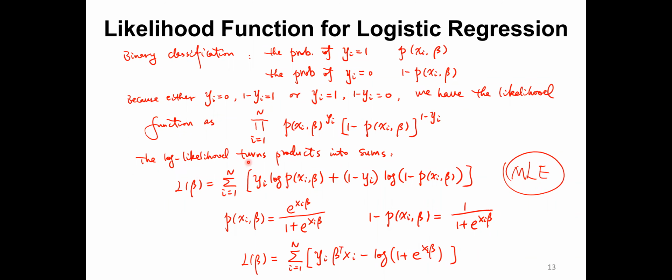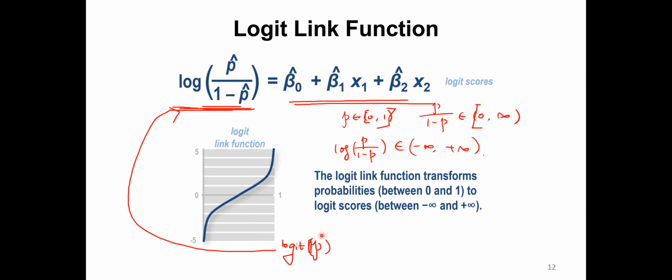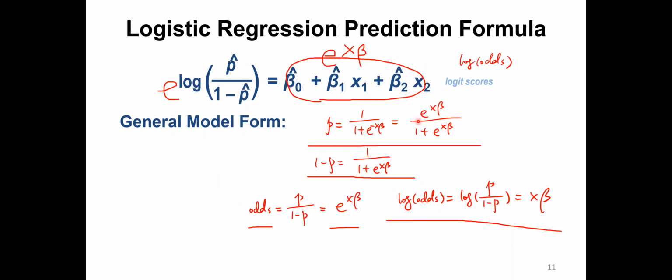The log likelihood turns products into sums. So now you take the log, L(beta). If you take the log, yi goes to the front, then you have log p, plus 1 minus yi times log 1 minus p. And then we know that p actually equals exponential xi beta over 1 plus exponential xi beta, because this is what we derived here, right?